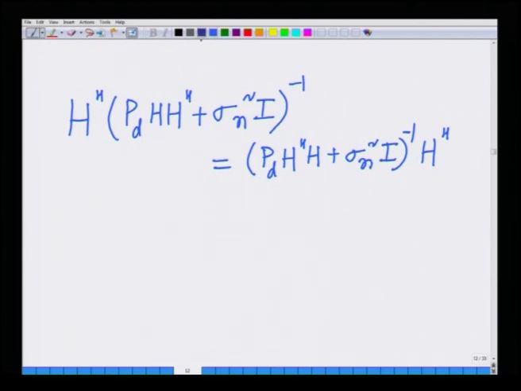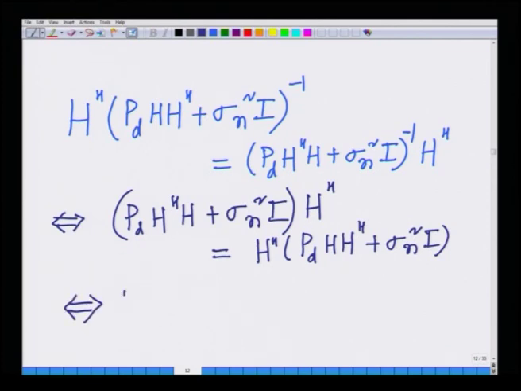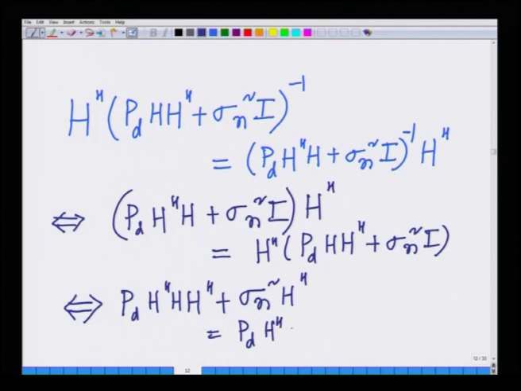All I need to show is that these two are equal if and only if P d h Hermitian h plus sigma n squared I, into h Hermitian, equals h Hermitian into P d h h Hermitian plus sigma n squared I. Now, when I multiply this out, I get P d h Hermitian h h Hermitian plus sigma n squared h Hermitian equals P d h Hermitian h h Hermitian plus sigma n squared h Hermitian.